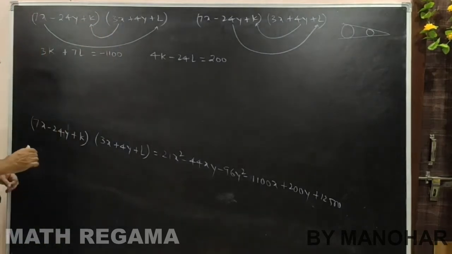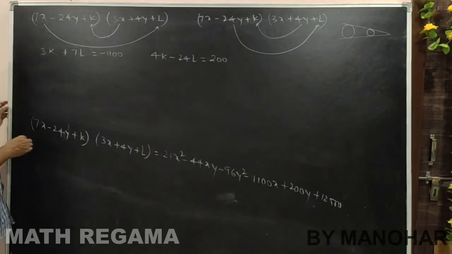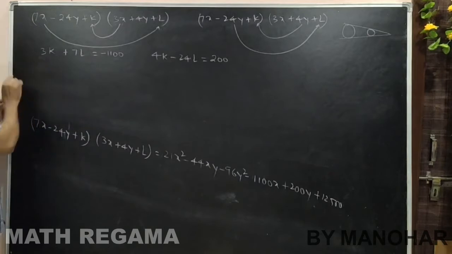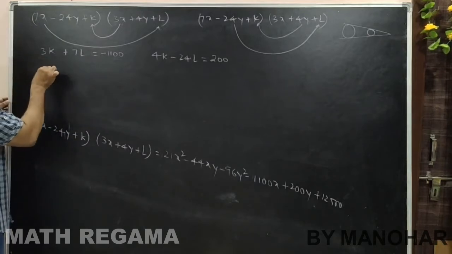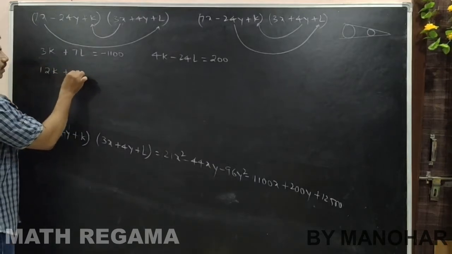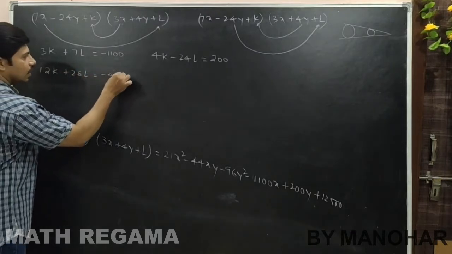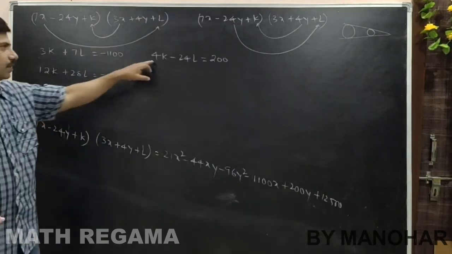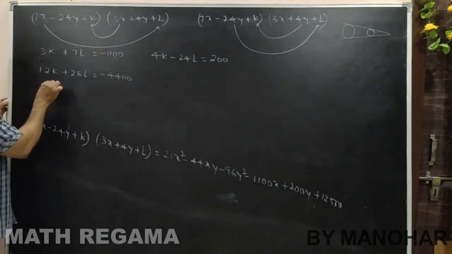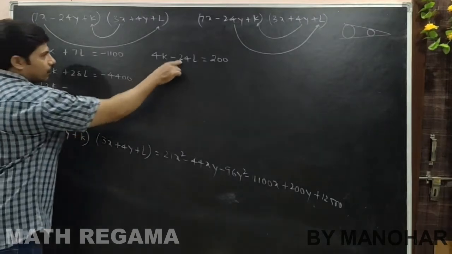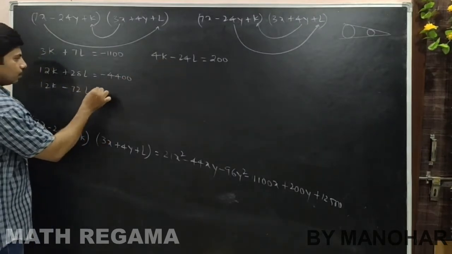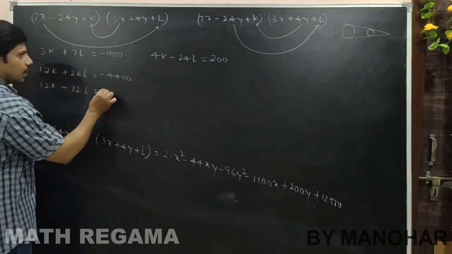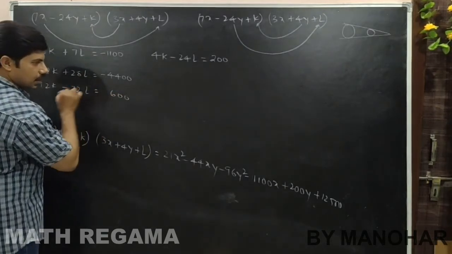So now we'll solve by the elimination method. This equation I'll multiply with 4: 4 3s are 12, 4 7s are 28, 4 11s are 4400. And this I'll multiply with 3: 3 4s are 12, and 24 3s are 72, then 3 2s are 600.